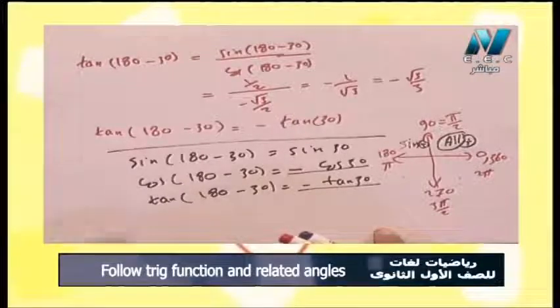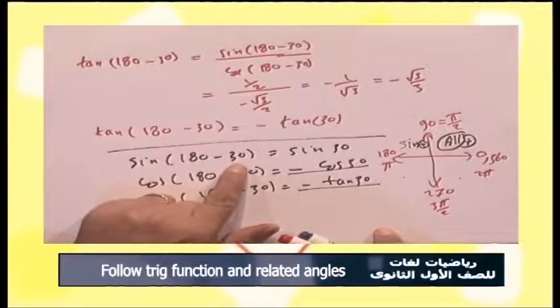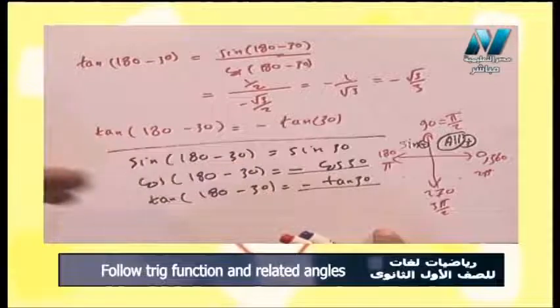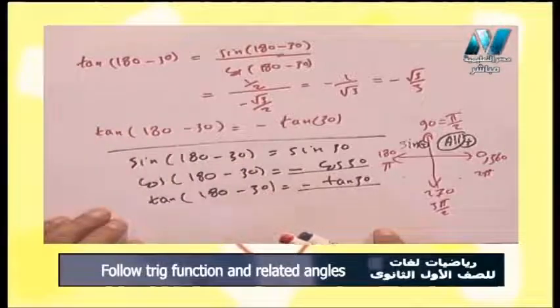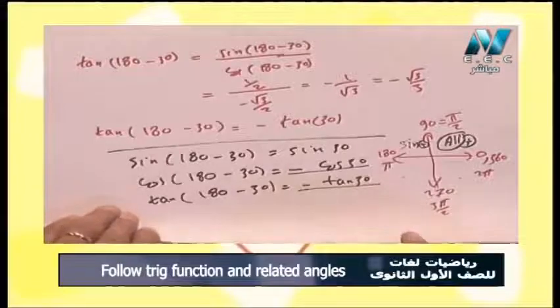Can we generalize this fact, this rule? If we have many angles like theta, not only 30, theta will be any angle. Can we generalize that? Yes, we can. Why? Because of the first basic geometrical rule in a right angle triangle.